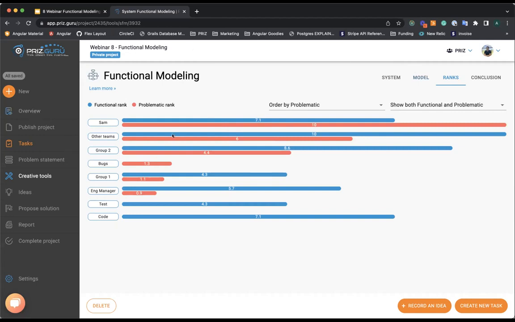So the next question is, what do we do? Of course, we're seeing that Sam is the most problematic, and normally managers will say, well, fire the guy, right? There are two problems with firing the guy. First of all, he does have a lot of functionality, right? Even with all the problems that result from Sam, he does contribute a lot.